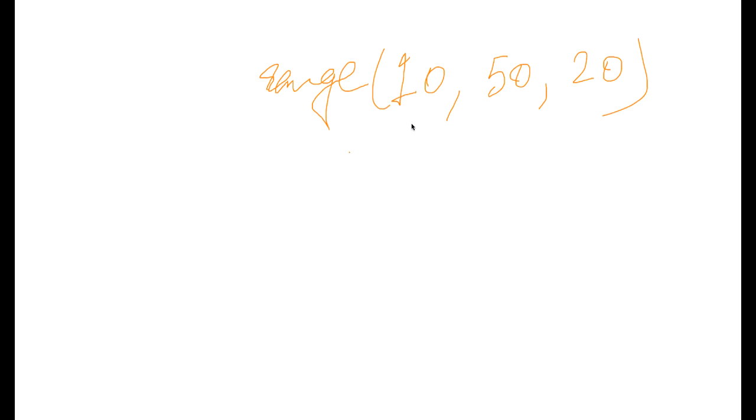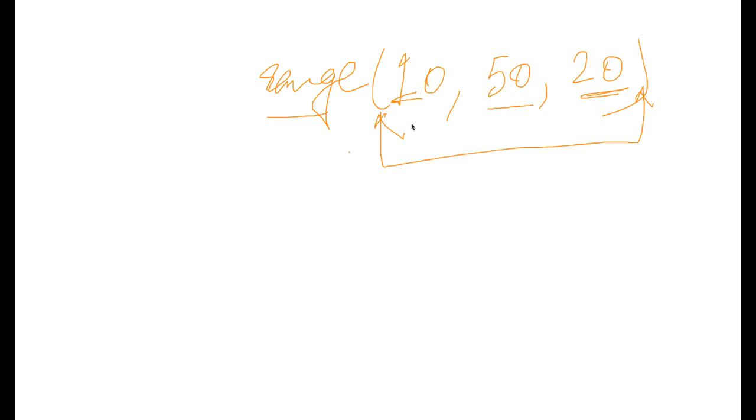So what value will I get here? Are you not able to see my screen? Is my screen not visible to you guys? Okay, see what I have explained. If I say range from 10 to 50 with a step size of 20, and I want to know what values are inside this range, what will I get? What is the first value that I will get?